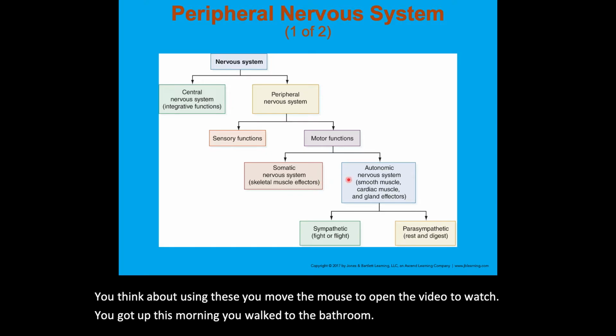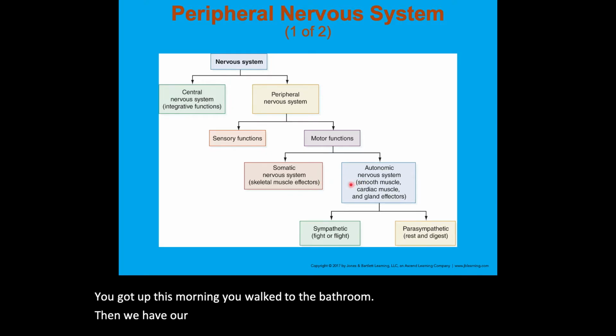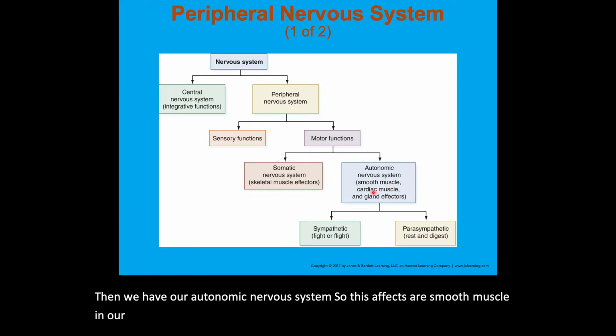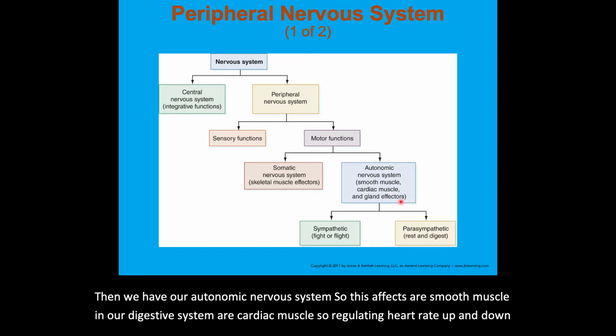Then we have our autonomic nervous system. So this affects our smooth muscle in our digestive system, our cardiac muscle, so regulating heart rate up and down, and even some glands.